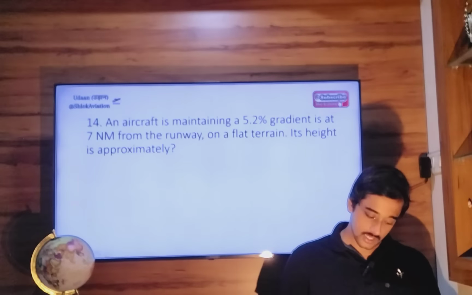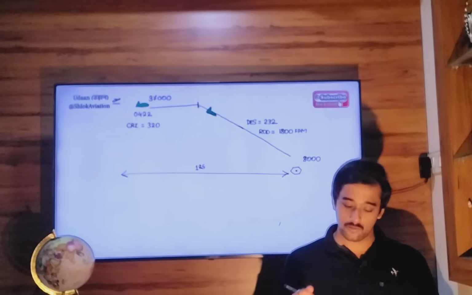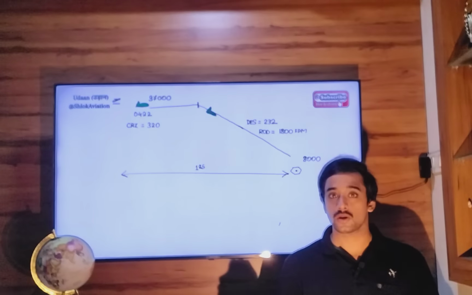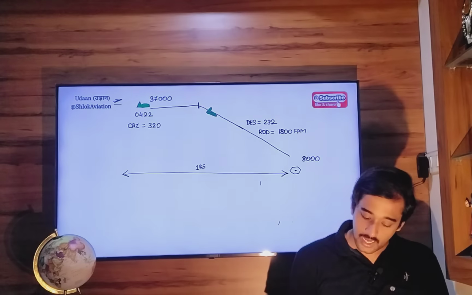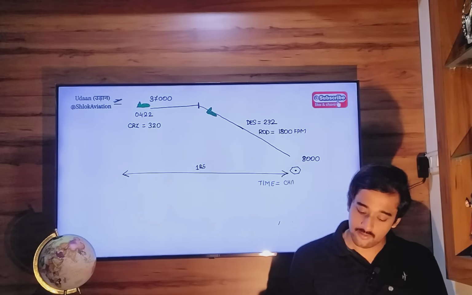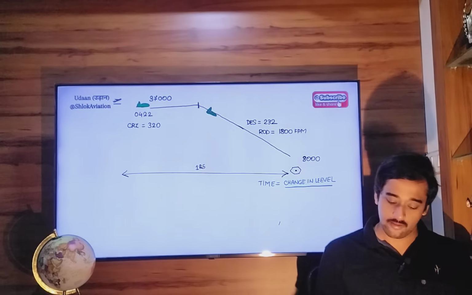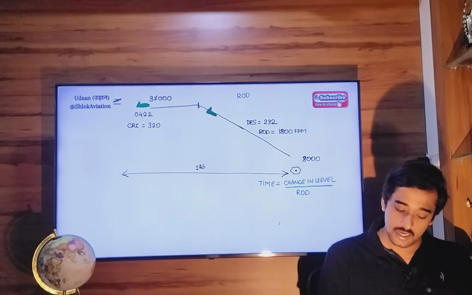Now, first things first. Step 1. We have been given the rate of descent. We will calculate the time it takes for this aircraft to descend from 37,000 feet to 8,000 feet. So time required equals change in level divided by rate of descent. You know the rate of descent formula: change in vertical distance, change in flight levels, divided by the time taken in minutes.